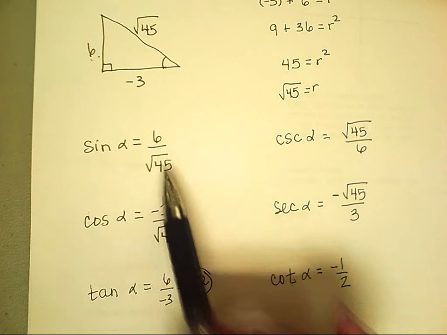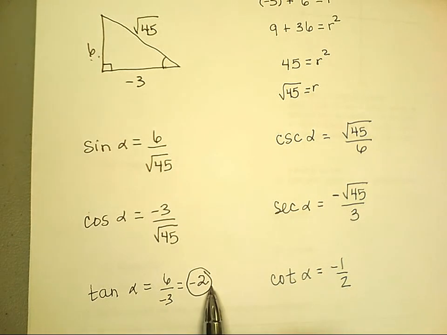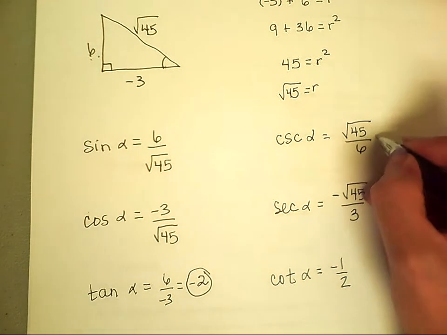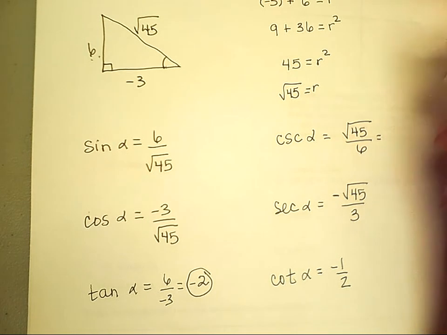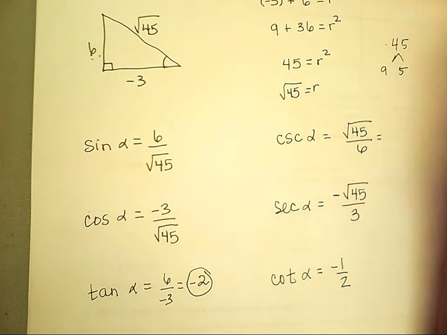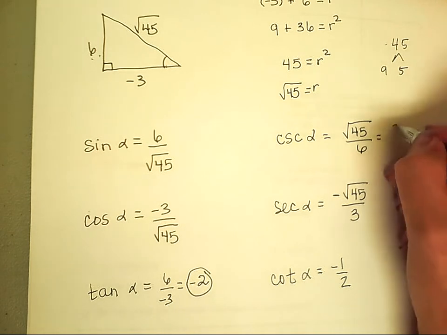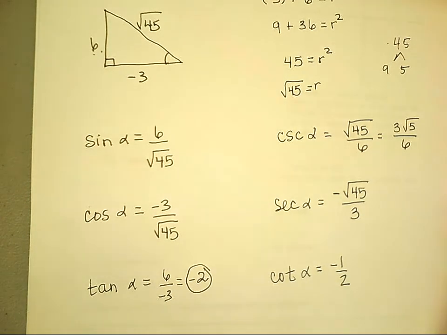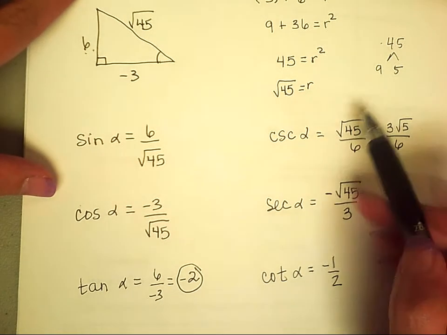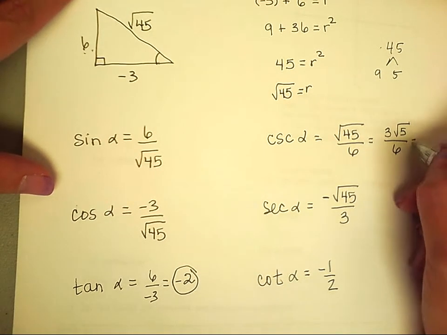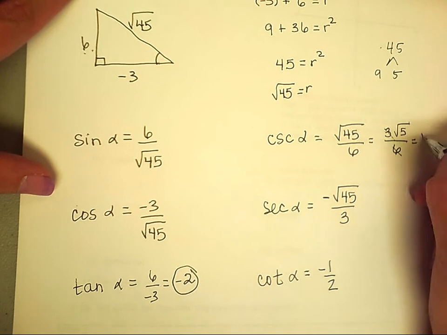Okay, so your homework might ask you to simplify radicals. So let's do one example of that. For example, the square root of 45, remember 45 is 9 times 5, so this is the same thing as 3 square roots of 5 over 6, because the square root of 45 reduces to this. And then the 3 and the 6 will cancel, leaving the square root of 5 over 2.